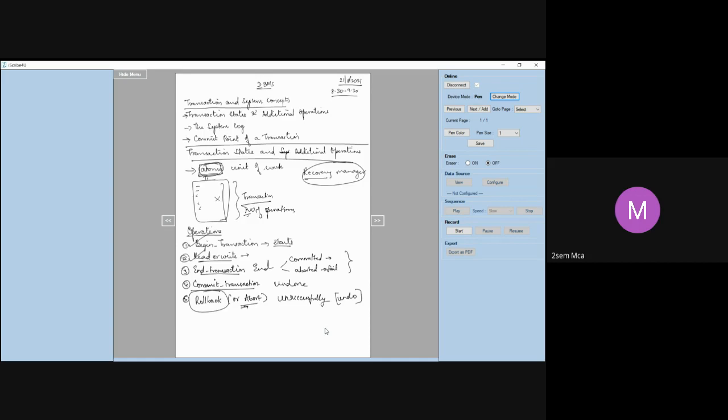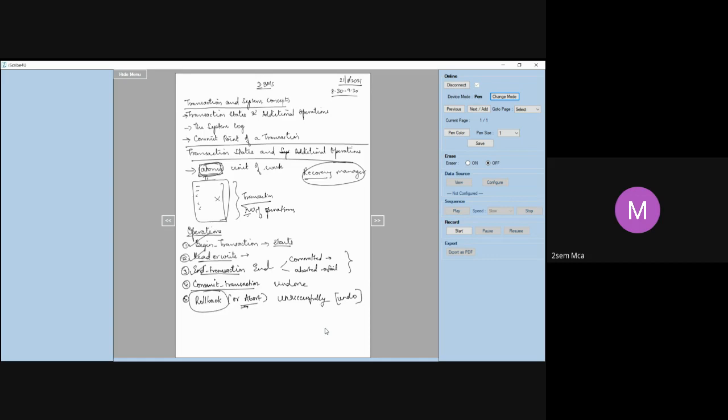These specify the read or write operations on the database items that are executed. Which item is read, which item is written, all this has to be taken care of. Then comes end transaction. End specifies that the read and write operations have ended and it marks the end of the transaction execution.